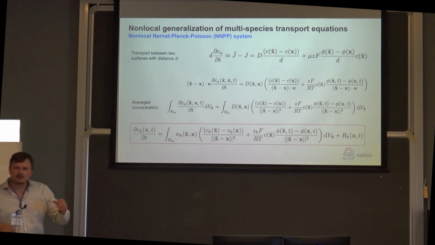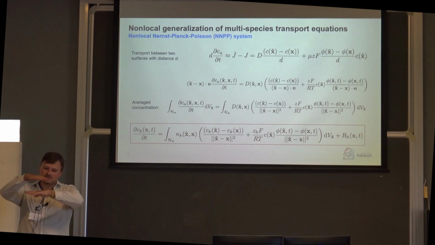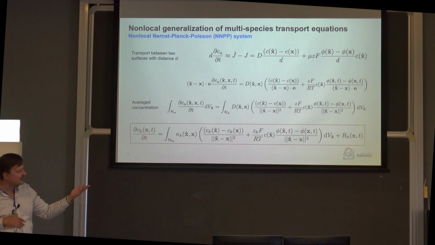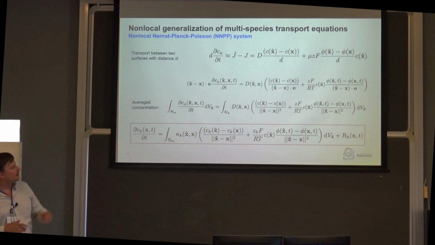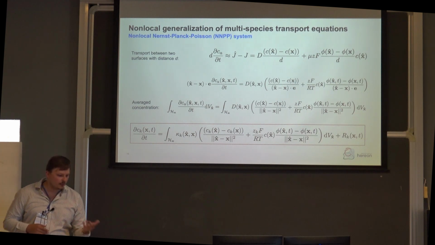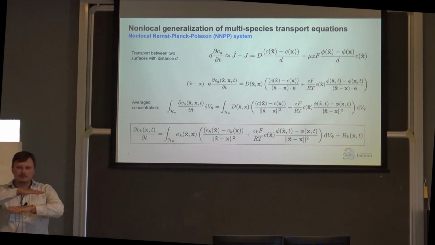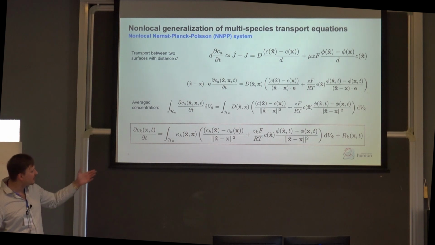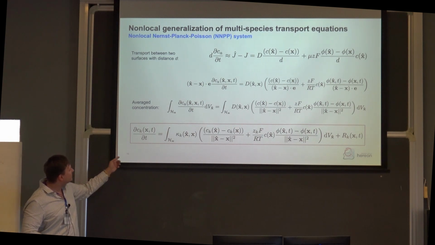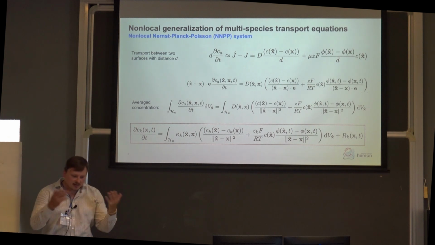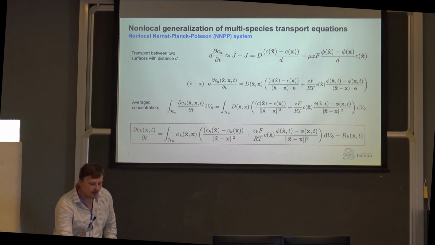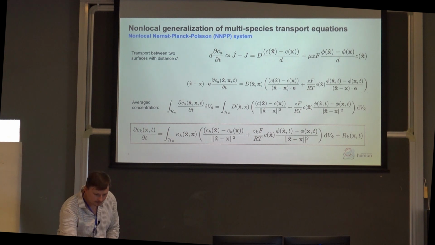You can then show that if you shrink the distance between the two surfaces to zero, you would recover the classical Nernst-Planck equation. But what we do, similar to the approach that Professor Bobaru suggested, is that we keep those distances finite, and if we keep those distances finite, we get this equation, which is the non-local generalization, if you will, of the Nernst-Planck system.